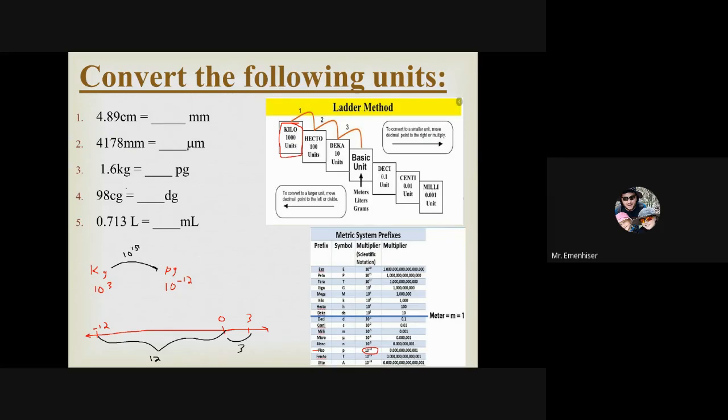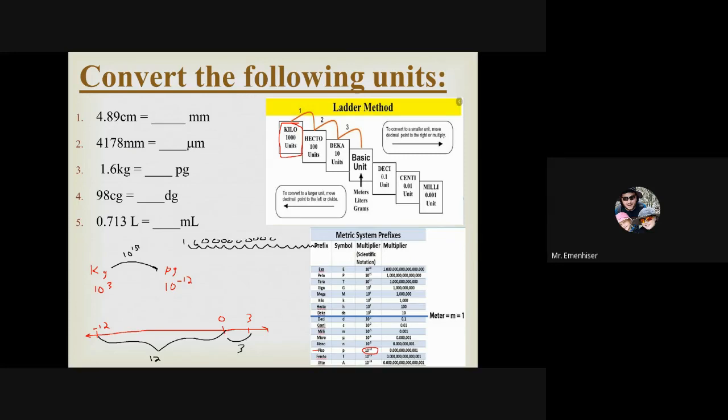Okay? So we're going to take this 1.6 and we're going to move our decimal place 15 times. So 1.6, 15 times, 1, 2, 3, 4, 5. Good God. And that's our answer.